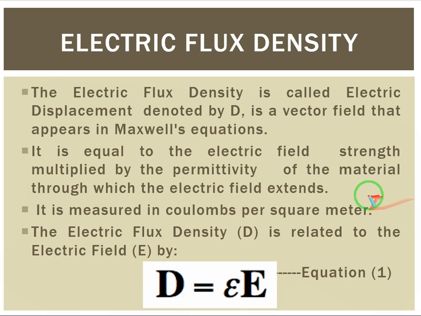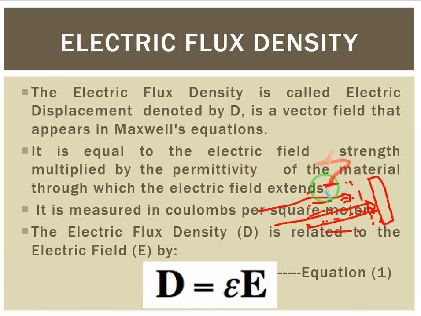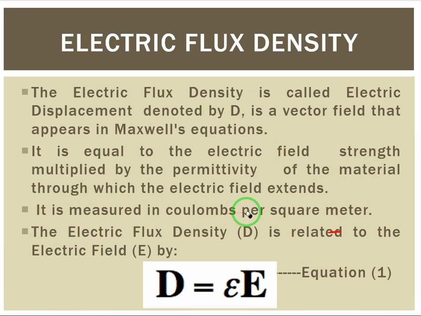Let's see, this is a kind of surface, and we have a medium, which can be water, paper, whatever. When the electric field extends from the area, this is called electric flux density. This is a simple concept. It is measured in coulomb per square meter.